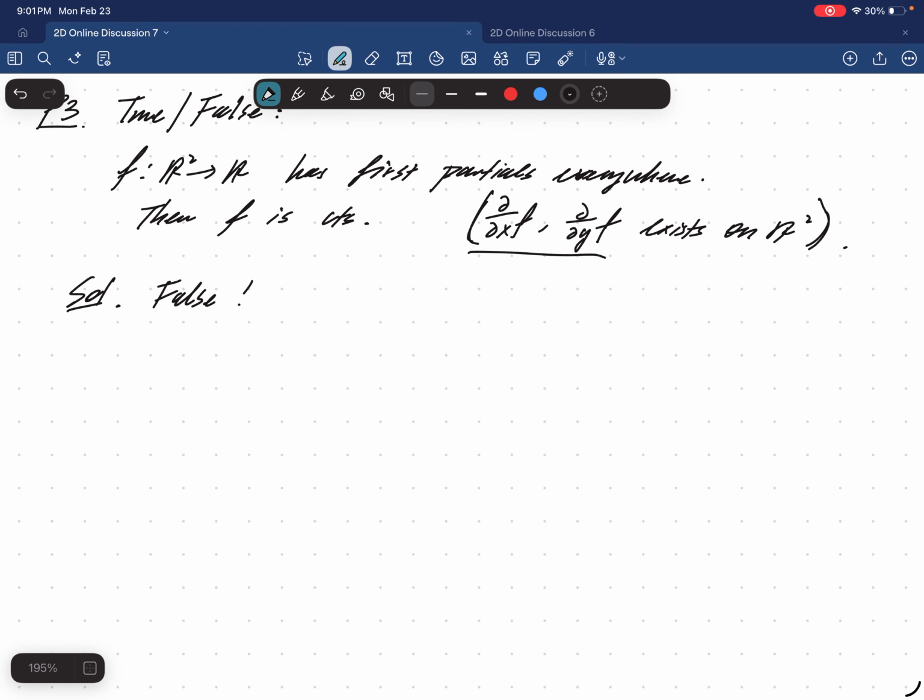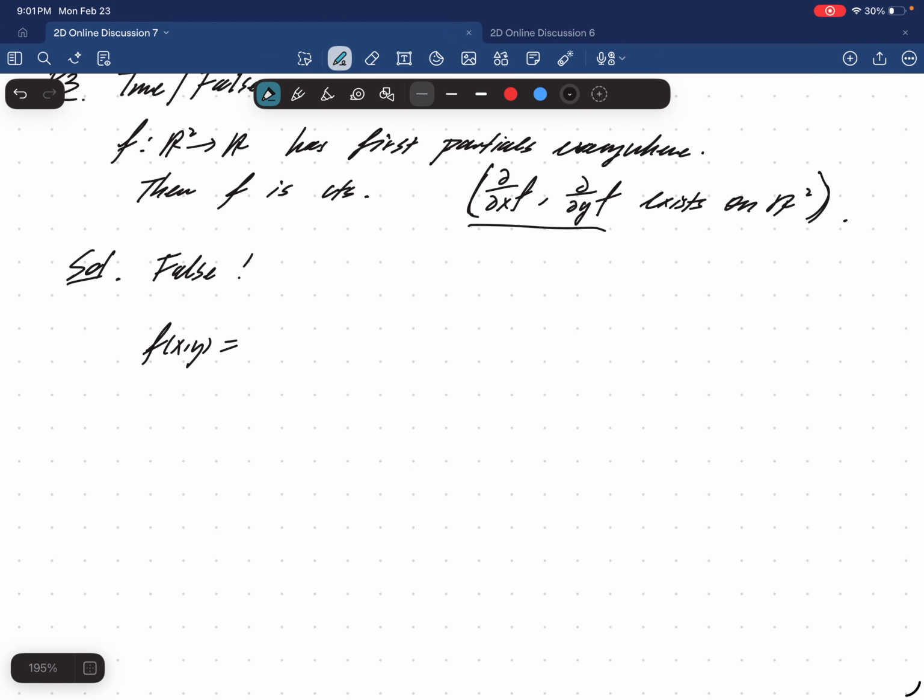So actually, the example from our previous problem, f(x,y) equals xy over x squared plus y squared, or 0, depending on if x squared plus y squared is 0. This would also be a counterexample for this question.